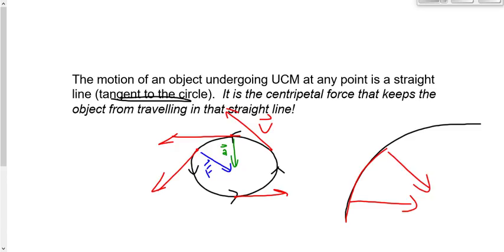That centripetal force pointing toward the center. But as soon as that ice disappeared, as soon as that centripetal force disappeared, where did I go? Off in a straight line. It's Newton's first law, right? If we remove the net force, the centripetal force, the friction that causes it, it's always going to go off in a straight line at a tangent to the circle.